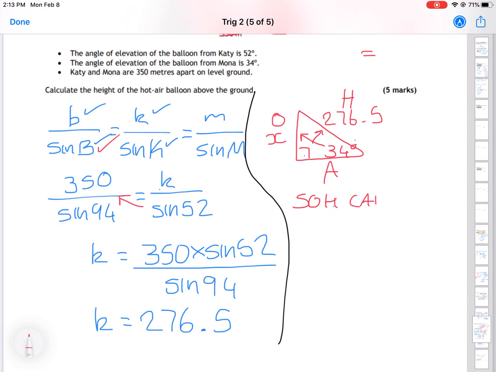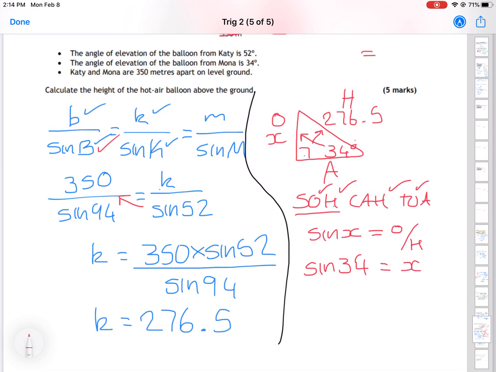SOHCAHTOA. Now we will spend time doing this before, so you should now be up to date with a little reminder of this. So we have the opposite side, we have the hypotenuse side, so we have to use sine, and this sine represents sine x, opposite over hypotenuse. X is the angle, so we substitute in that 34 as the angle.